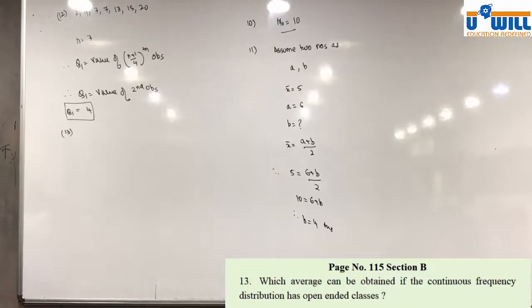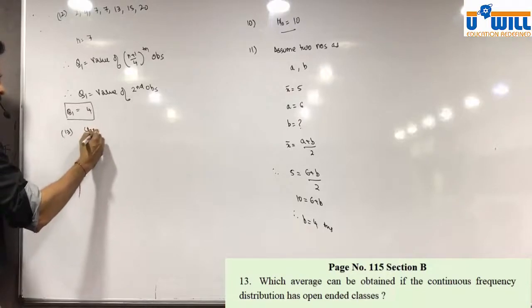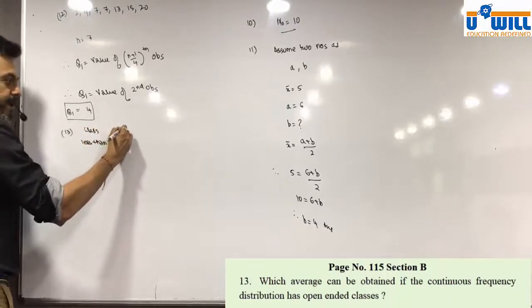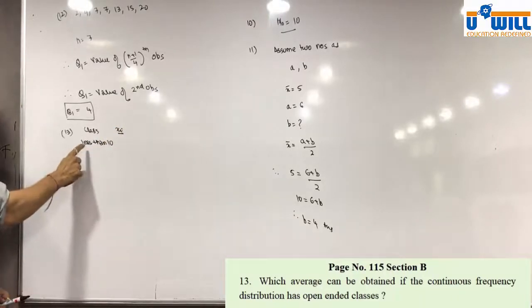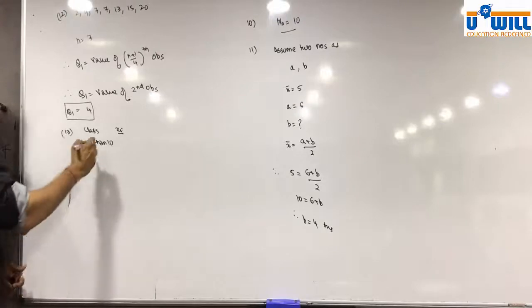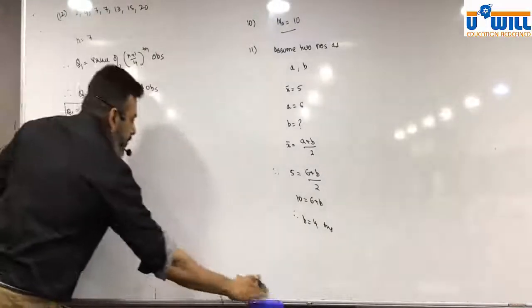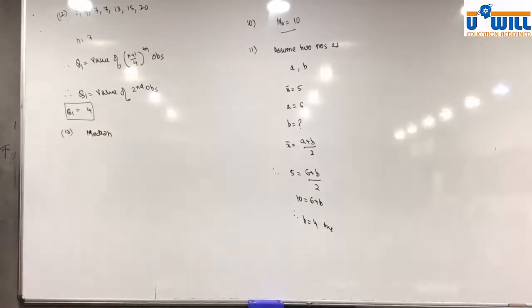We cannot use mean because if open-ended class है, say for example you have less than 10, how will you find xi? Mid value find कर सकते ही नहीं है, this is open-ended. Okay, so for such open-ended, the measure we use is median. Is this clear? लिख लो.